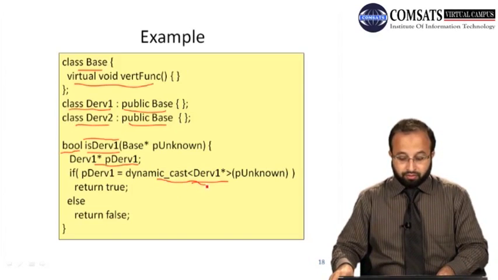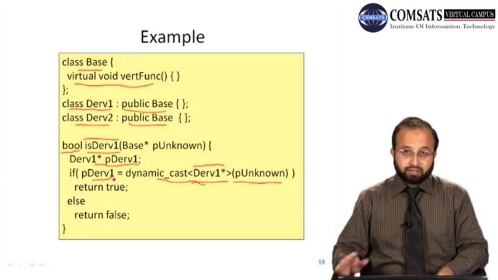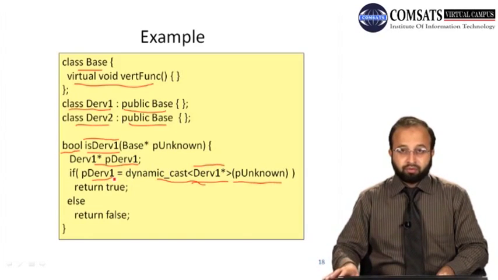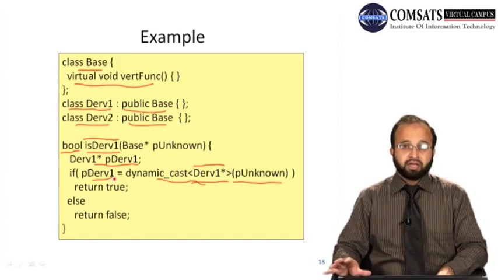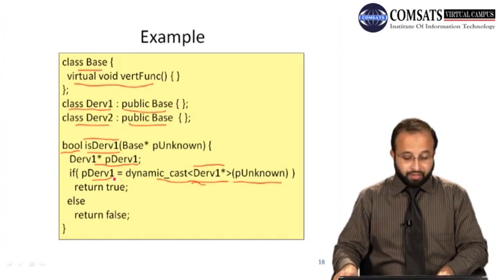This means that this conversion is not performed successfully. So p unknown को वो कन्वर्ट करता है drv1 में और असाइन करता है p drive 1 को, right? So in case it returns 1, this means that the conversion is successful, and p unknown जिस मेमोरी लोकेशन को पॉइंट करता है वहाँ पर हमारे पास drive 1 टाइप का ऑब्जेक्ट है, and then it returns true, otherwise it will return false, right?